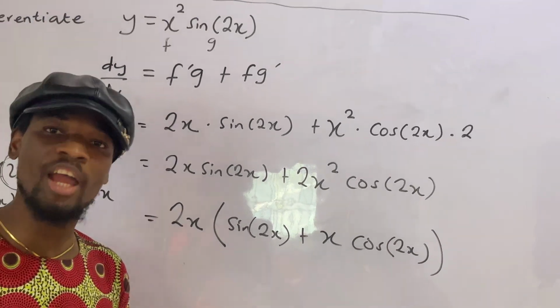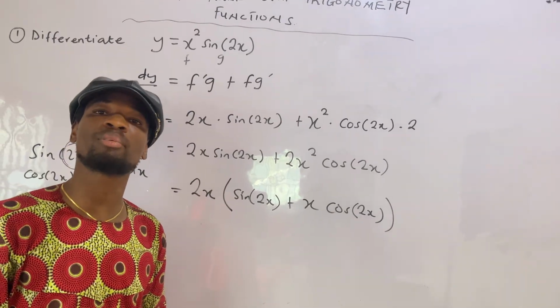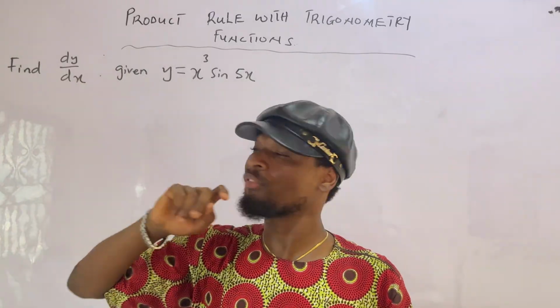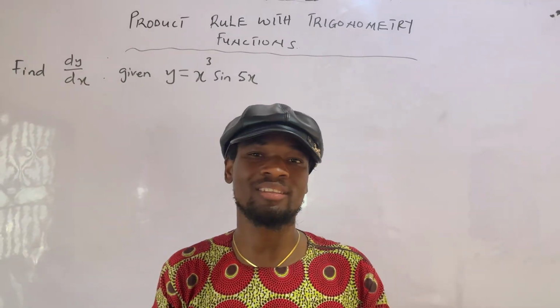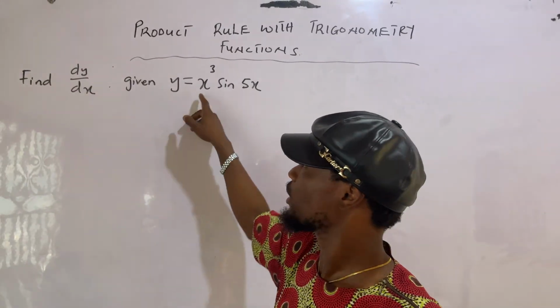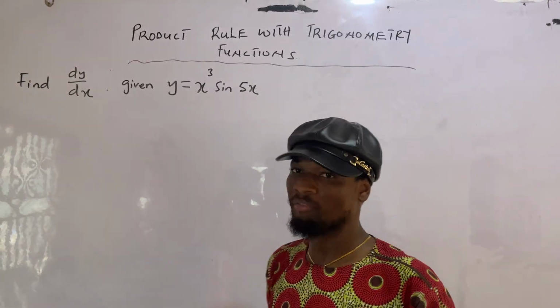So far as the Tindanious Maths and Science YouTube channel is concerned, we are going to appreciate other examples. Find dy over dx, given that the function y equals x to the power 3 multiplying sine 5x.